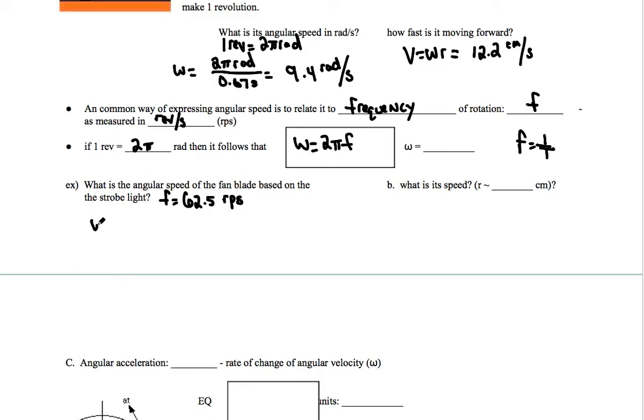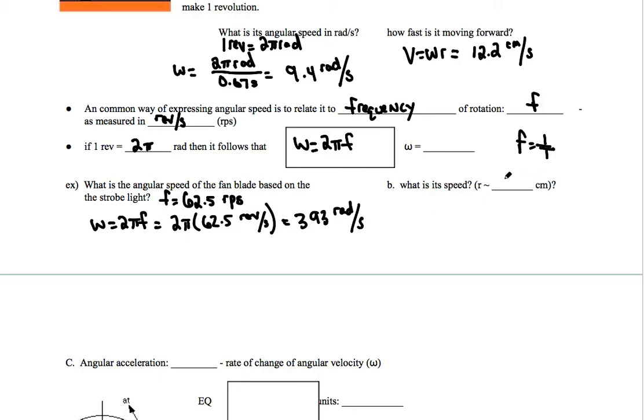So omega is equal to 2 pi f. I take my f, multiply it by 2 pi, and I end up getting 2 pi times 62.5 rev per second. Then that gets me an angular speed of 393 radians per second.